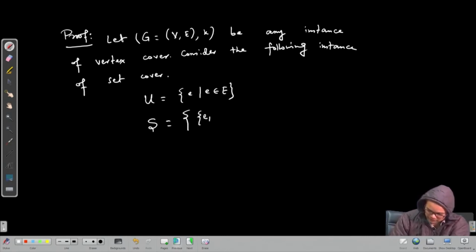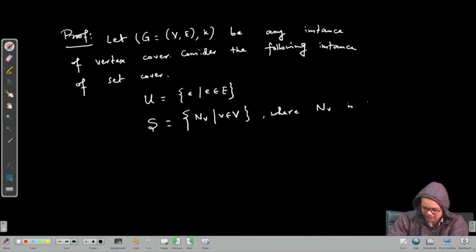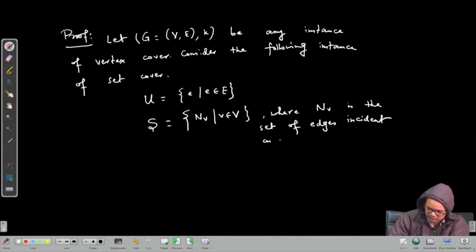So this is N(v), v in V, where N(v) is the set of edges incident on v, and the budget is k.